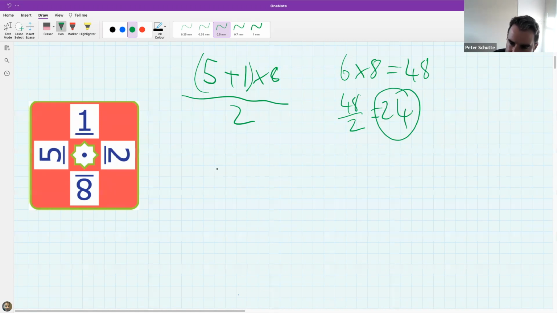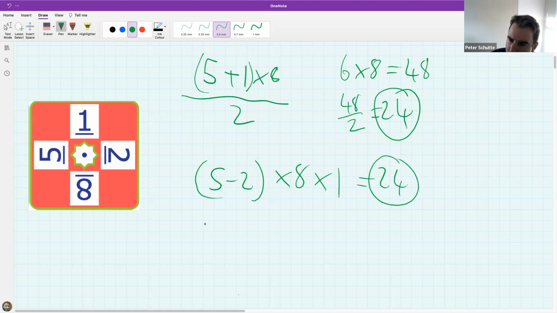Otherwise, Tagavatso has said 5 minus 2 is 3. And that can be times 8 times 1, which also gives you 24. 5 minus 2 times 8 times 1, 3 times 8.